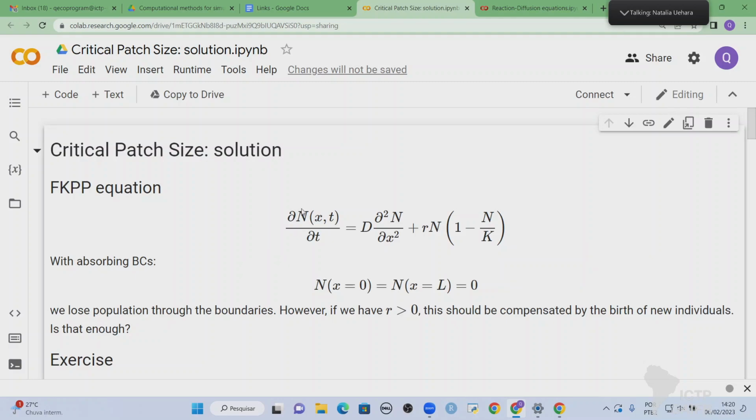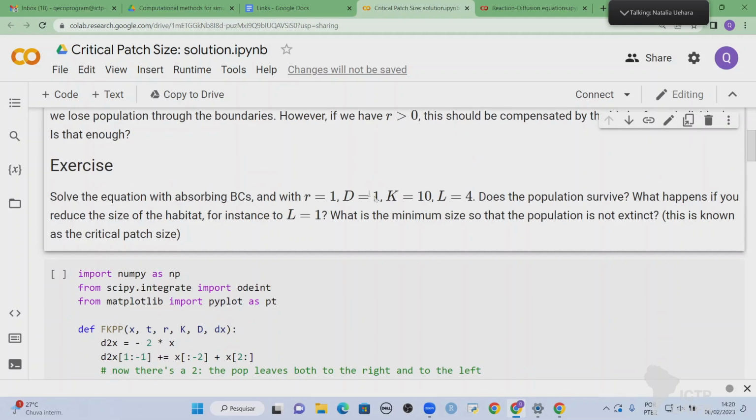So if I have my X in kilometers, then this density is number of individuals or biomass per kilometer. So this is now all in terms of density of population. And I specify that L, the size of the habitat, goes from X from 0 to 4, so that my space has length of 4.